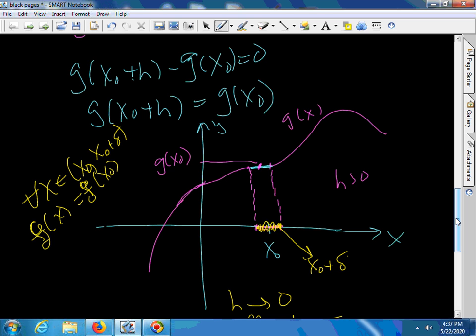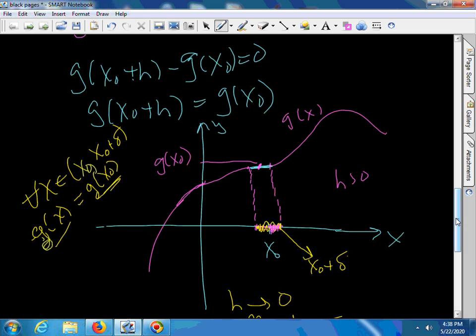And that means when you subtract them, you're guaranteed to have 0. There's no way around it. G of x will equal g of x0 if x is in here.